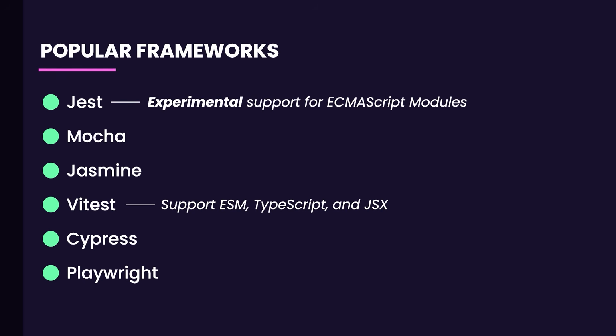We'll be using Vitest, which is a new testing framework designed for modern JavaScript. It has all the fantastic features of Jest, as well as out-of-the-box support for ECMAScript modules, TypeScript, and JSX, which is used in React. Plus, its API is almost identical to Jest. So everything you learn about Vitest in this course will be directly applicable to Jest as well.